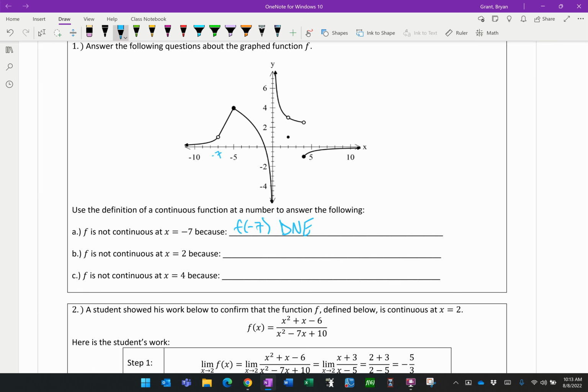f is not continuous at x equals 2. Where is 2? 1, 2, that's right here. Well, let's see. I should switch colors, I think. I don't think we can say f of 2 doesn't exist, right? f of 2 certainly exists. So f of 2 equals, in this case, looks like 2. And I don't think we can say the limit doesn't exist, because the limit, as we approach 2, looks, oh, sorry, this goes up by 1/2, that's 1, isn't it?